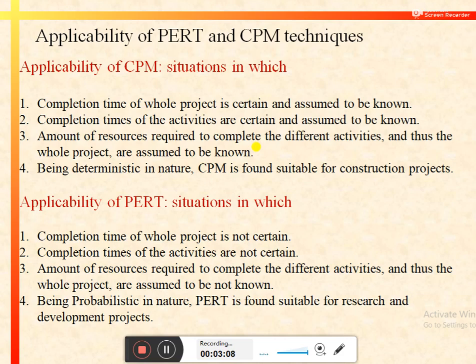So under conditions of certainty, the scheduling times of different activities, or starting or finishing times, are assumed to be known and constant. But in situations under uncertainty, this assumption does not work, and scheduling times of different activities are assumed to be unknown.